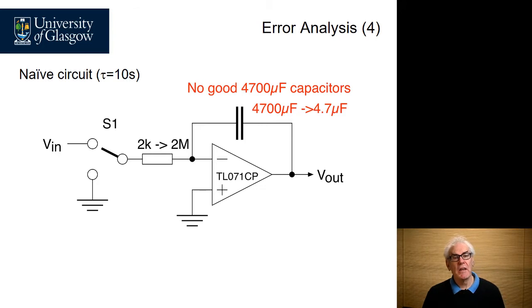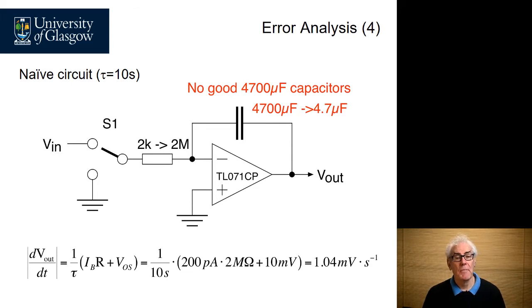So let's change the input resistance from 2 k ohms up to 2 megohms, and also change 4,700 microfarads to 4.7 microfarads. So we've increased the value of R, we can reduce the value of C because we're interested in the product of R times C.